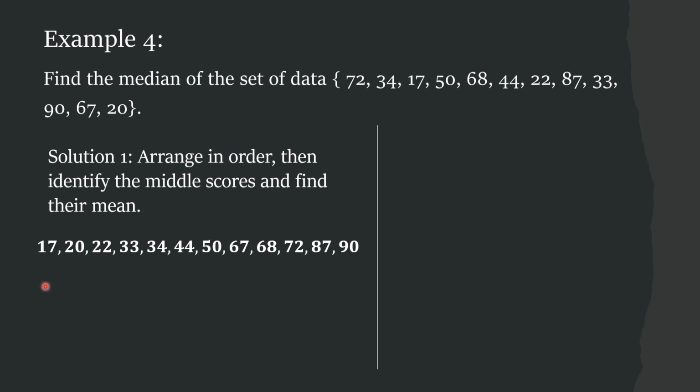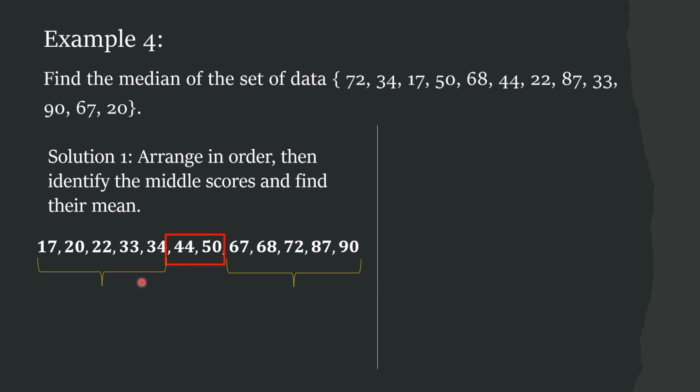Since there are 1, 2, 3, 4, 5, 6, 7, 8, 9, 10, 11, 12 scores, therefore it's an even number, so there are 2 middle scores. The middle scores are 44 and 50.